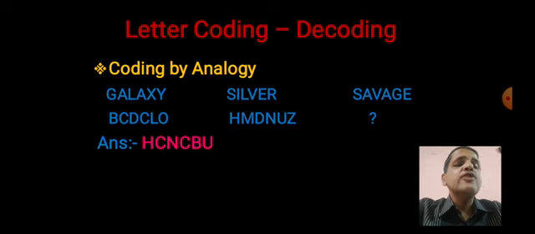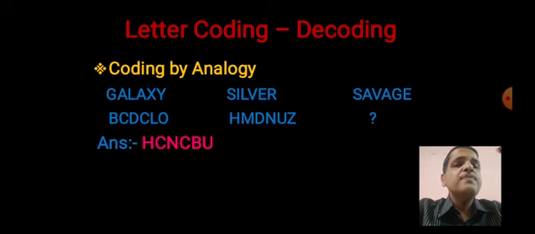When you see such a question, first we have to check whether all the letters in the asked word are in the given words. SAVAGE, whether they are there. Yes, S is in SILVER, A is in GALAXY, V is in SILVER, A is in GALAXY, G is in GALAXY and E is in SILVER.